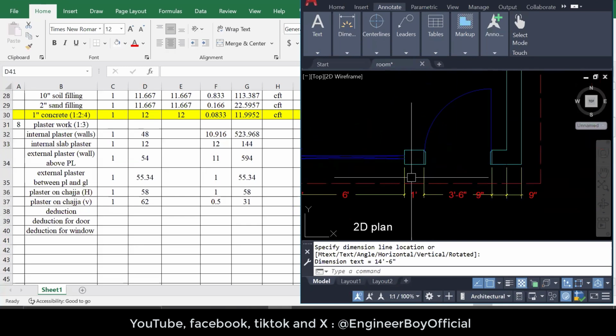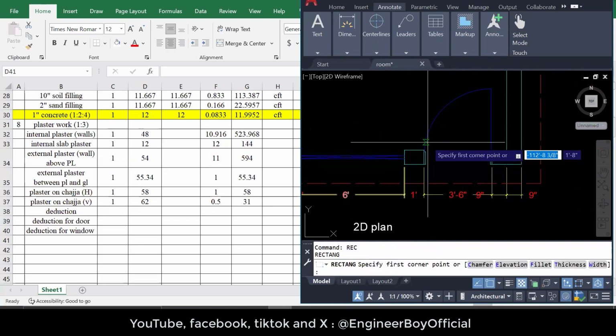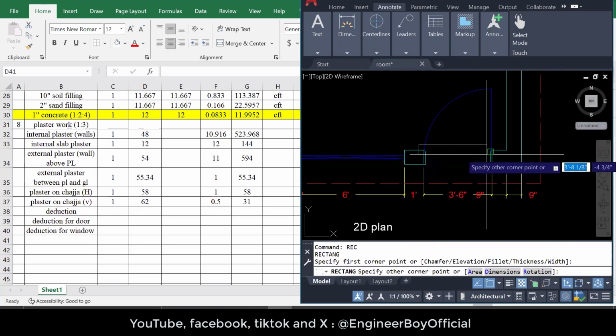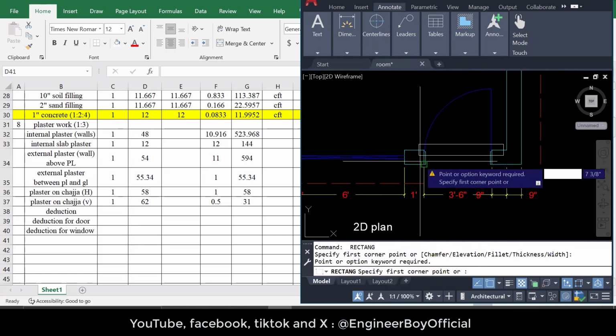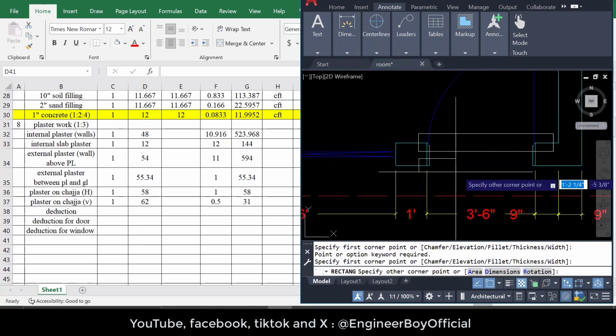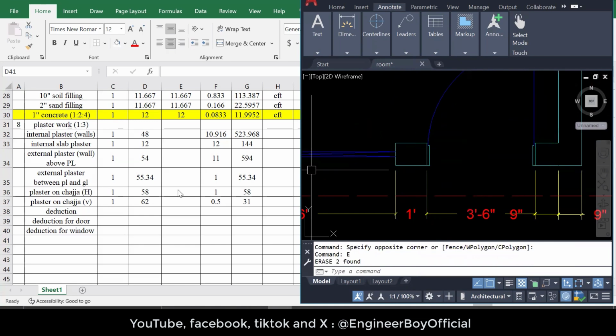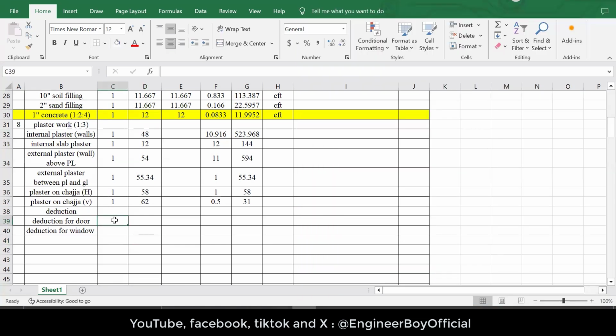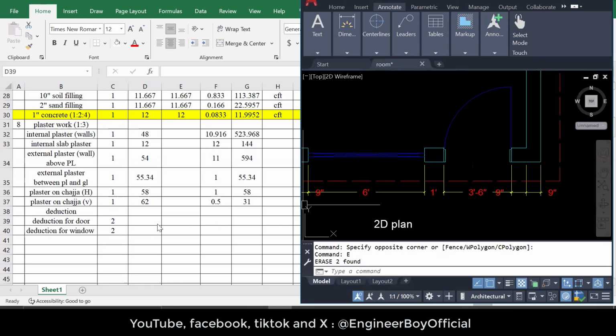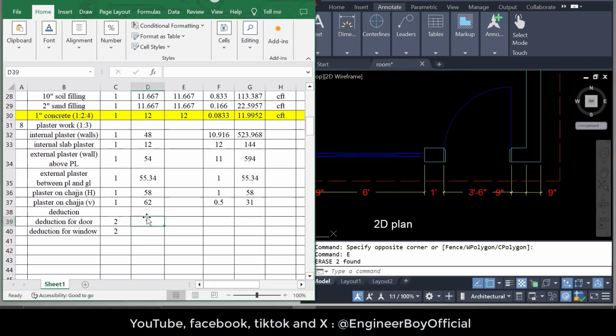So the door has covered the plaster area which is internal, and the external one is also covered by the door. So we have to take two sides. It means 2 and number. Now it is the same thing. Let's say door, the width is 3 feet and 6 inches, that is 3.5. And we cannot take the height, sorry, the width.